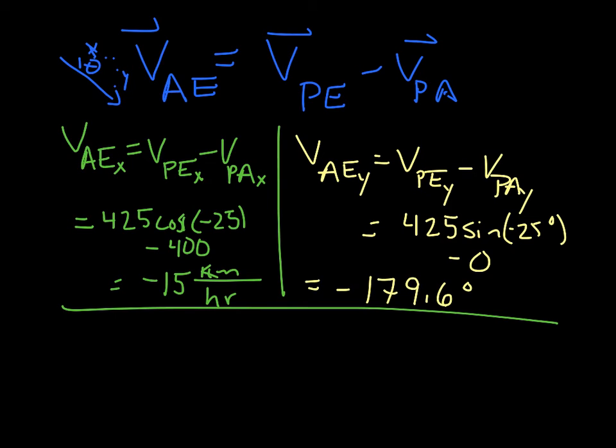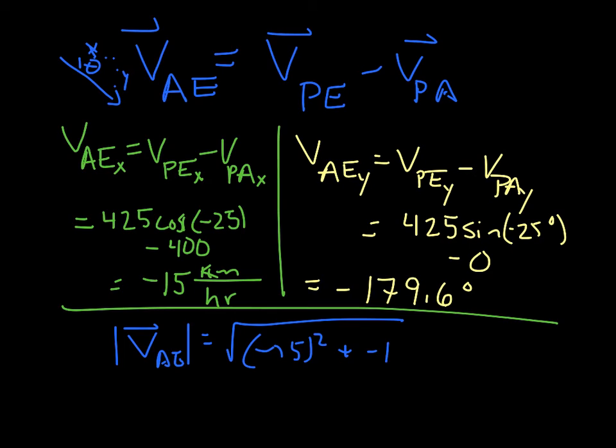Now because this is a vector, we need to find the magnitude of AE, which means we need to use our Pythagorean theorem, because it's fantastic: negative 15 squared plus negative 179.6 squared. That's kilometers per hour, not a degree sign. Sorry about that. I apologize if that extraneous degree sign caused undue stress.